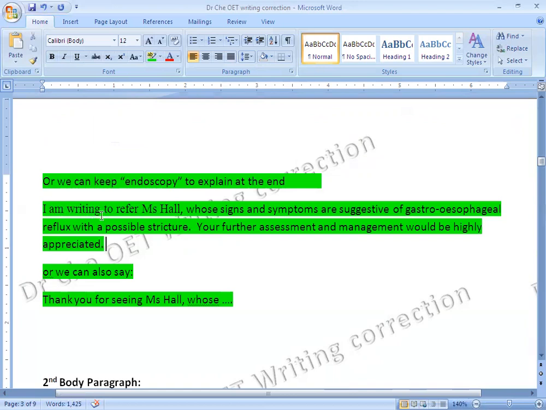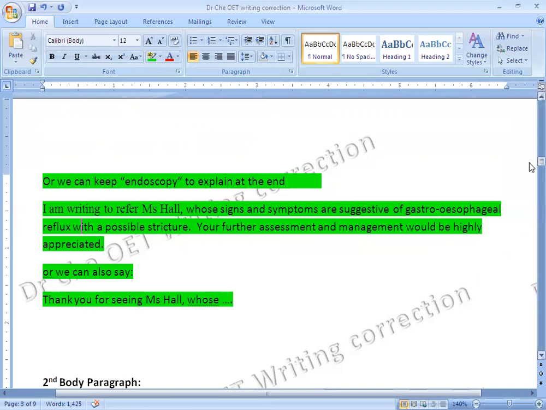I'm writing to refer Ms. Hall, whose signs and symptoms are suggestive of gastroesophageal reflux with a possible stricture. Your further assessment and management will be highly appreciated. Or at the start, instead of I am writing to refer, we can say thank you for seeing. So all of these are possible.